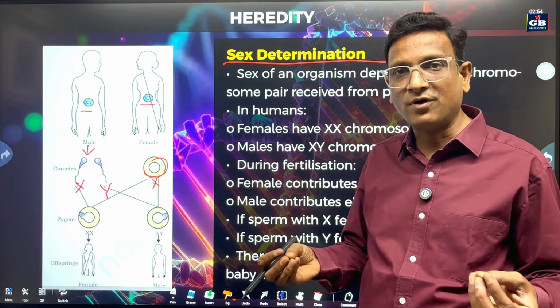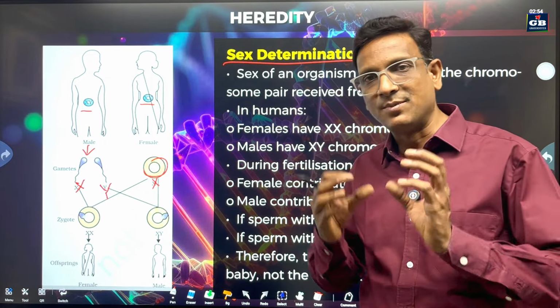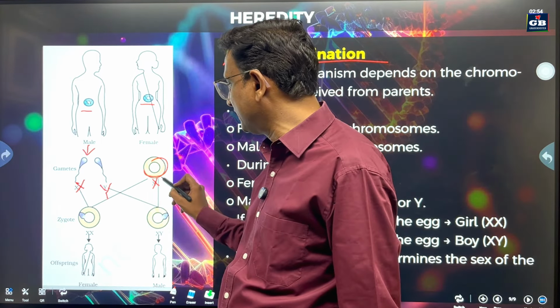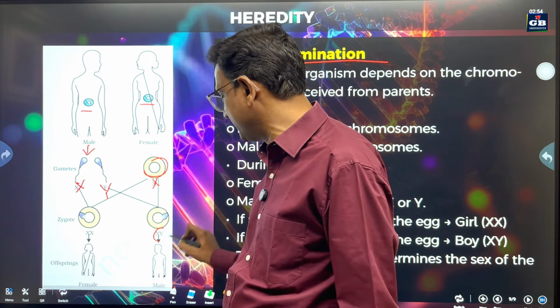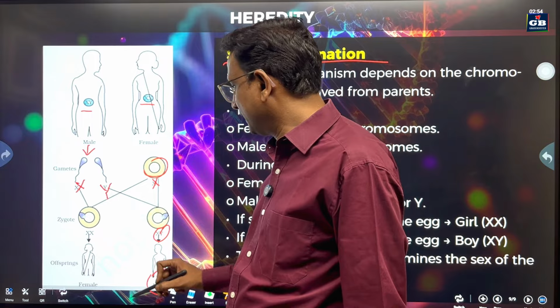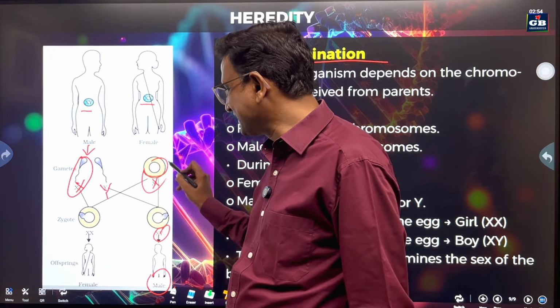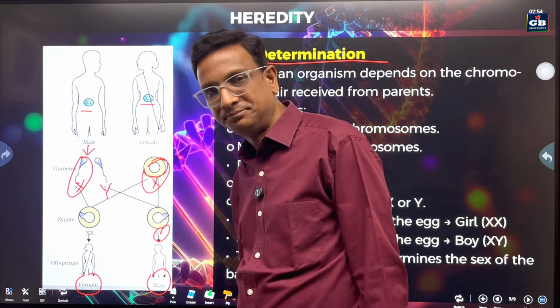So when haploid gametes are formed, some are X, some are Y. For example, if the Y sperm cell fuses with the egg cell, it forms XY, that is male, boy. If the X sperm cell fuses with the X egg cell, it is female, girl.